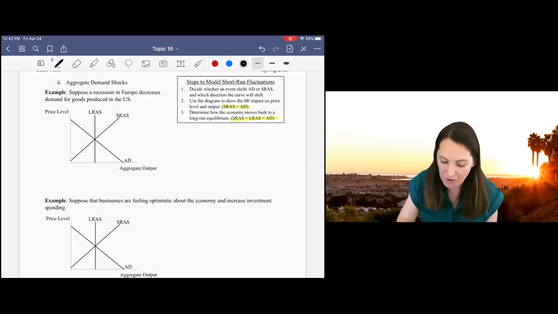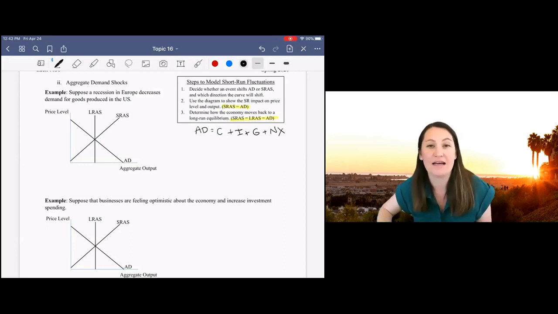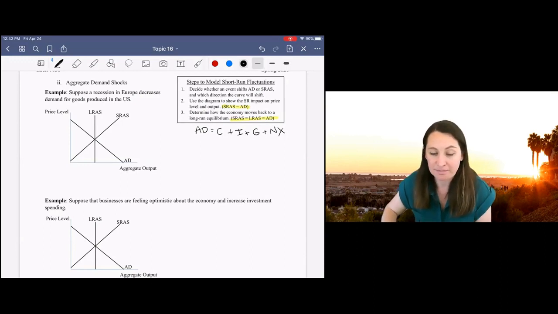Yes. So remember, aggregate demand is made up of consumer spending, investment spending, government spending, and net exports. And this is going to affect the net exports piece of aggregate demand.